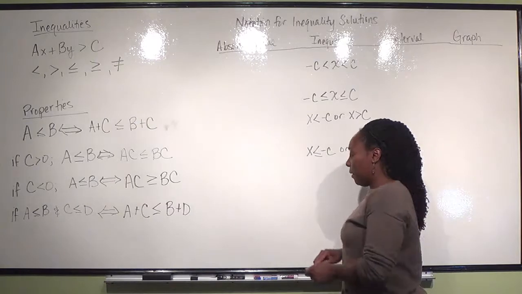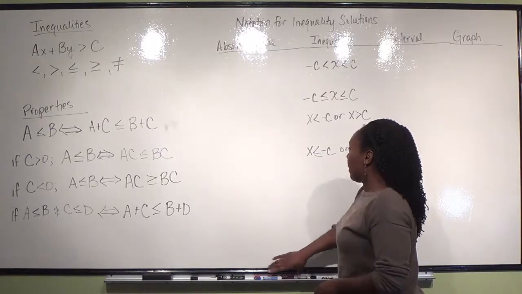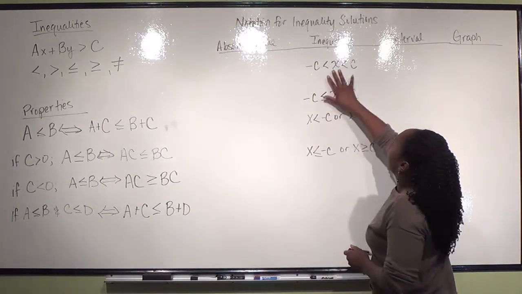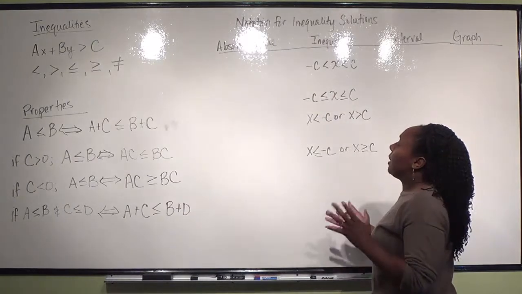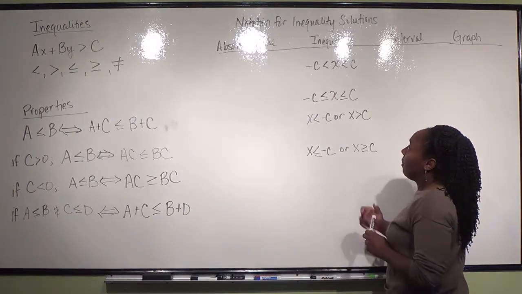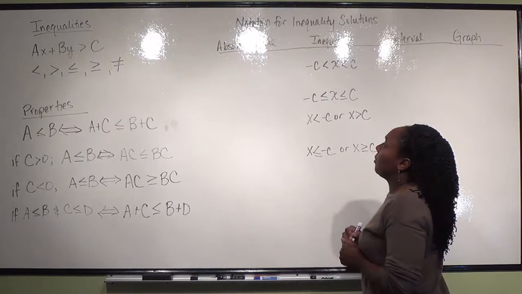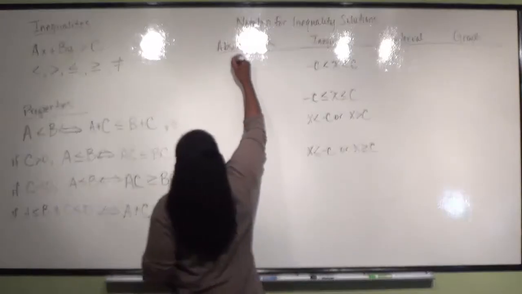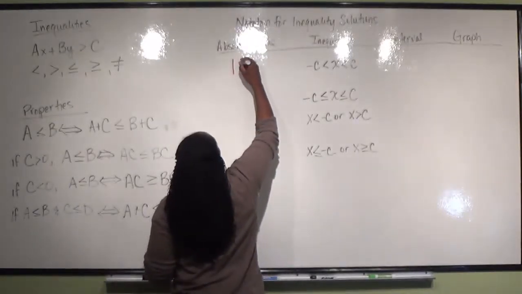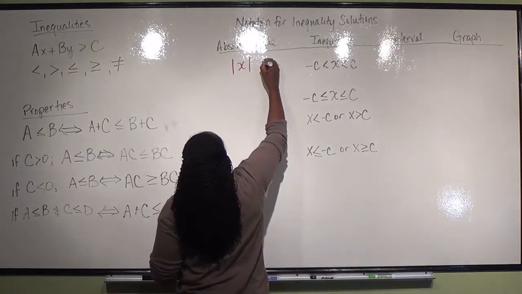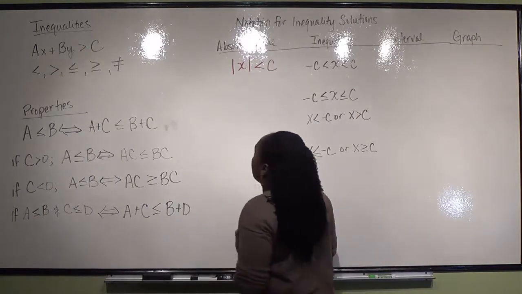So here, if my solution looks like x between negative and positive c, but not including those values, then here what I'm looking at is that the absolute value of x is going to be less than c.